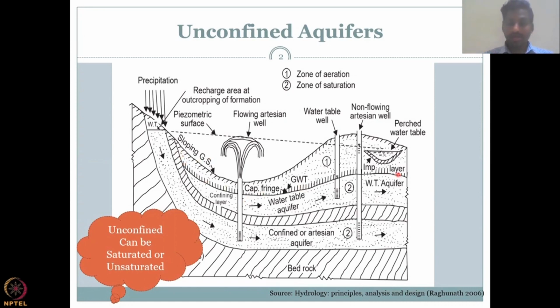We also saw that Darcy's equation, which was well accepted in the confined aquifer, can also be used in the saturated zone of the unconfined aquifer.